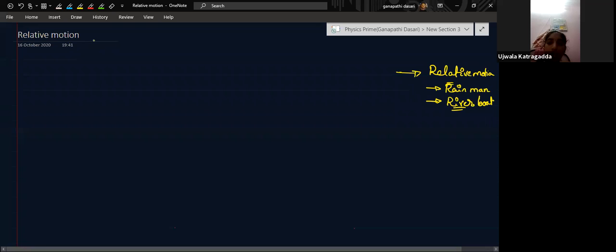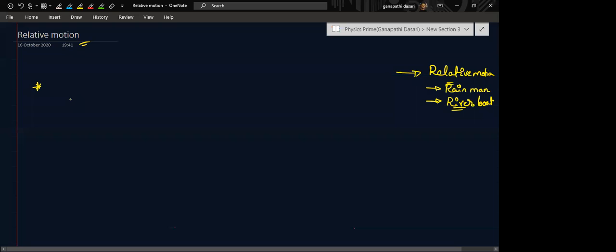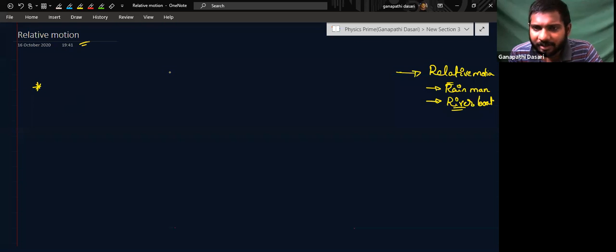Yes, sir. Then in relative motion, first thing, what is relative motion? Suppose you're sitting in a train and the train is moving and you are observing the trees beside you, they appear to be moving, but actually they are not moving.